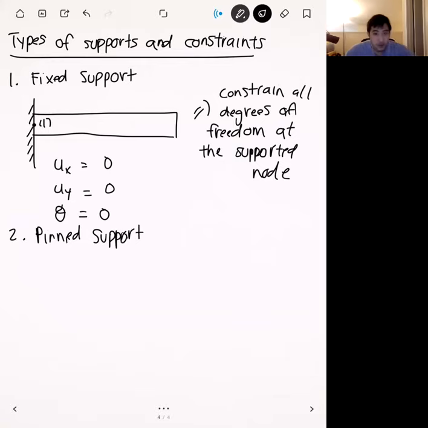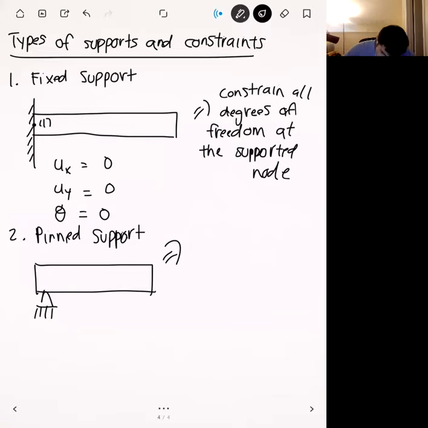Okay. And so visually it looks something like this. We have our element like that, and we have a little triangle here, and the triangle can be fixed to the ground. And so the pin support is going to constrain all displacements but leave the rotation free.